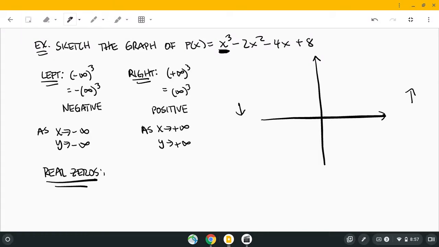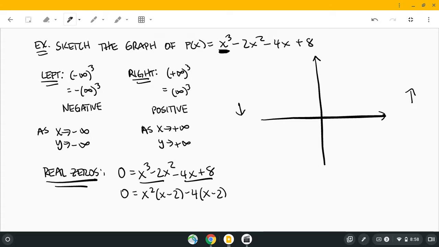Let's get our real zeros. Zero equals x cubed minus 2x squared minus 4x plus 8. Four terms, so we're going to factor by grouping. x squared times x minus 2 is one group. From this group I'll factor out negative 4, leaving x minus 2.